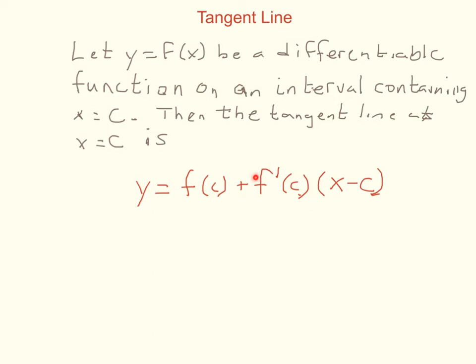F prime of c is the slope, and the y coordinate would be f of c. So this is really just the point slope form of a line that we're familiar with, but we're using our function notation instead of x1, y1, and m.